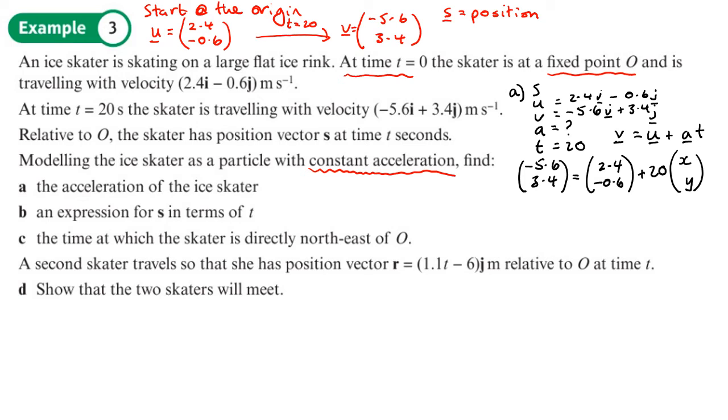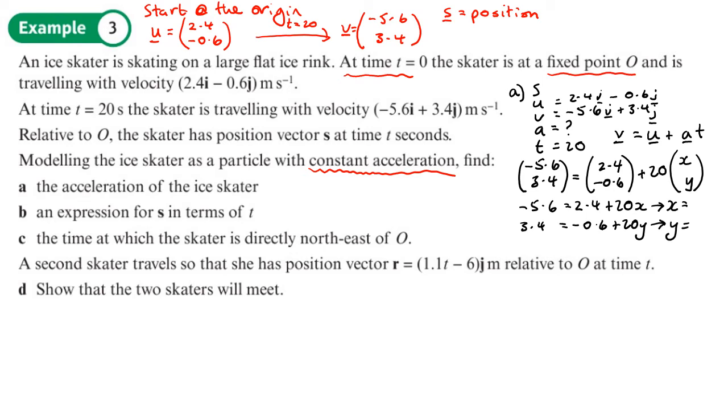I can write two equations to solve. So the top row is going to be negative 5.6 equals 2.4 plus 20x. So I'm going to solve that to find x in a minute. And then the bottom row, 3.4 equals negative 0.6 plus 20y. So I'll use that to solve y in a moment.